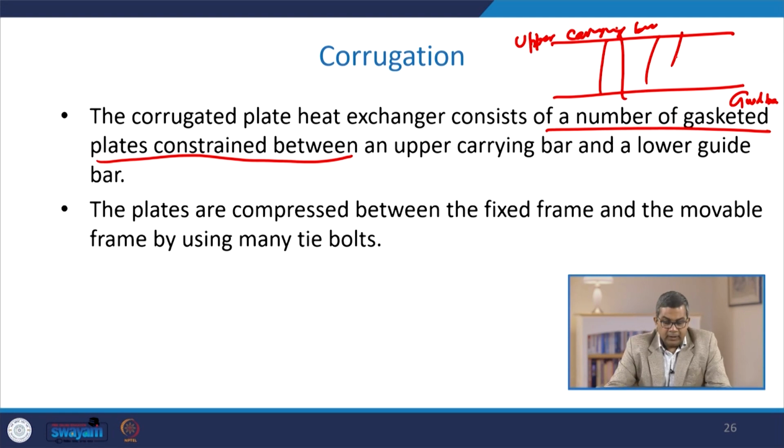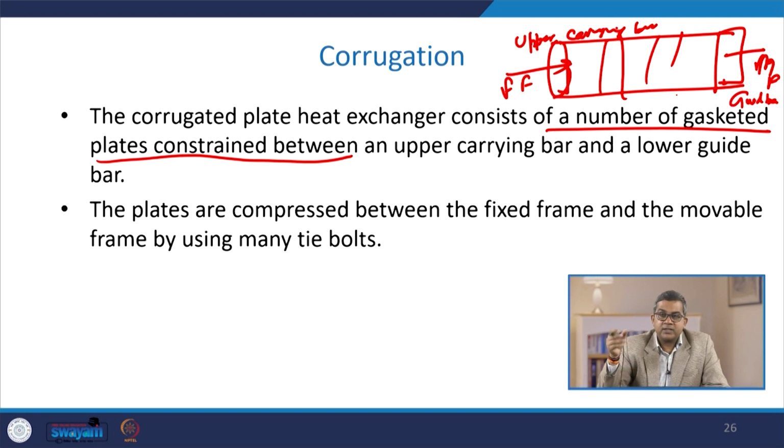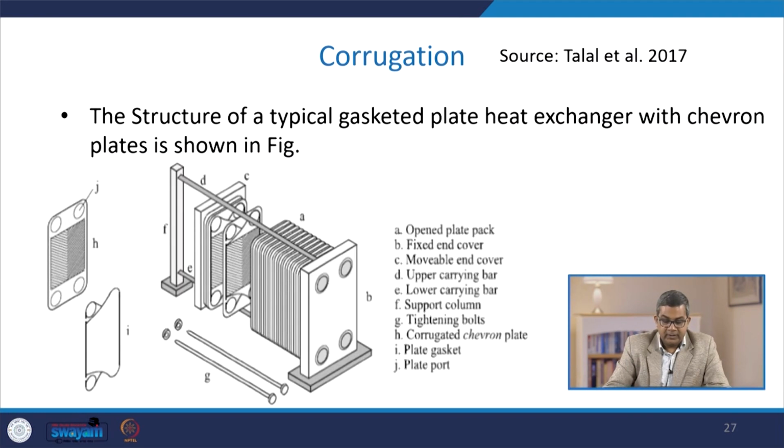Now the plates are compressed between the fixed frame, if you recall, and the movable frame by using many tie bolts. There are various tie bolts in the figure. These tie bolts are attached here, so you can tighten them and make the pack more and more compact.